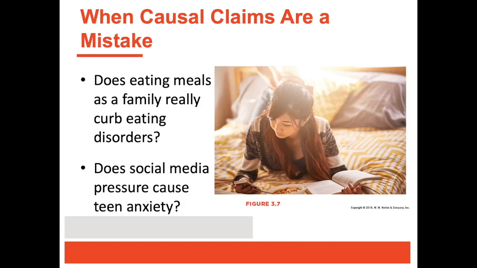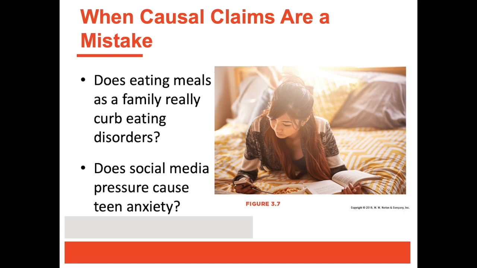So what's difficult is causal claims can be mistaken. There's always a chance that we're wrong. So, for example, do family meals really curb eating disorders? If we're looking at covariance, yes, there's an association between family meals and eating disorders.